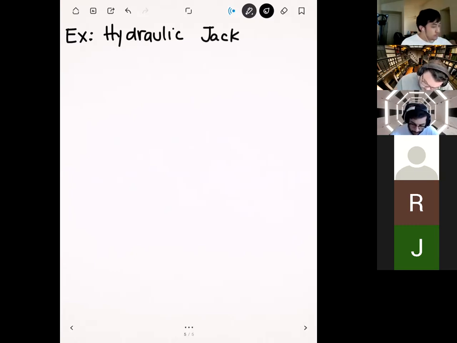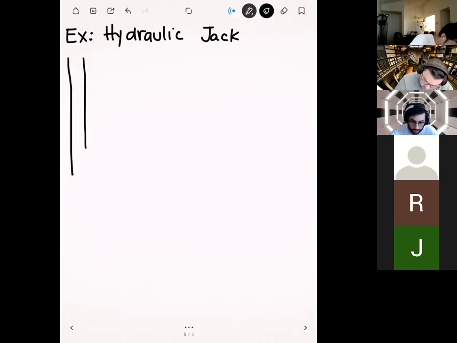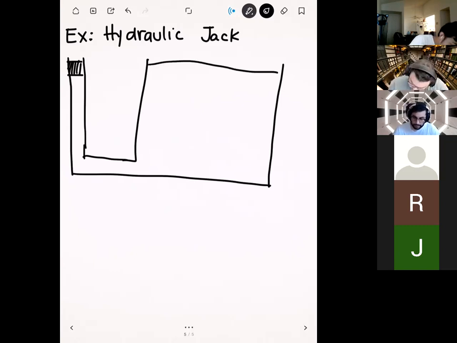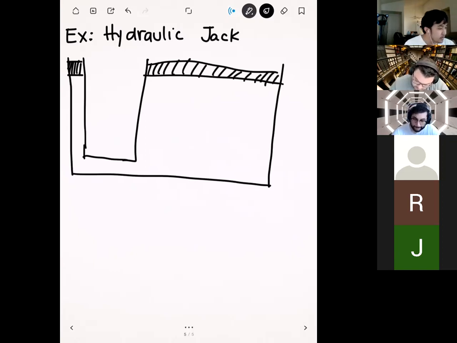And so the geometry looks a little something like this. You have a tank of fluid that looks something like this, so there's fluid in here.